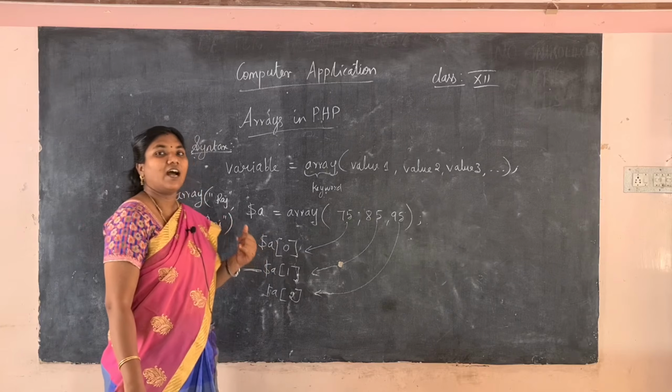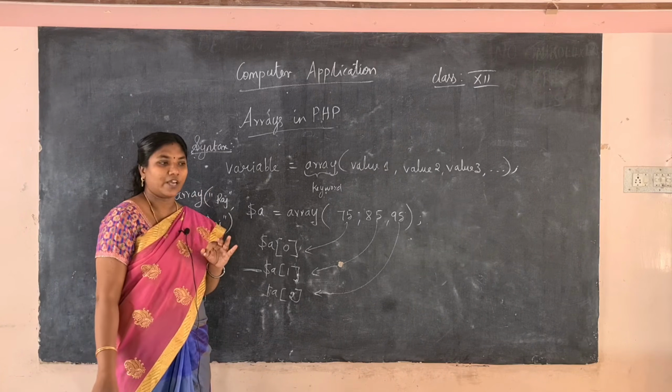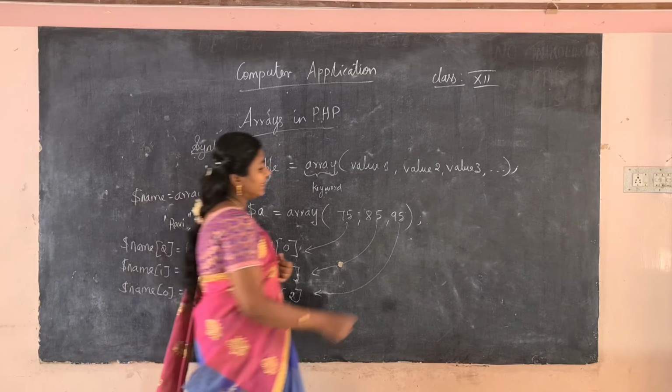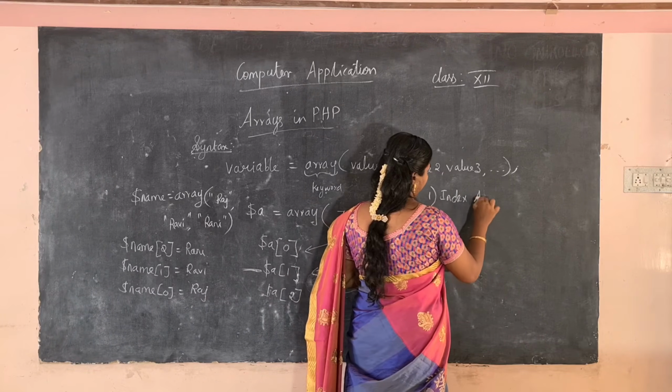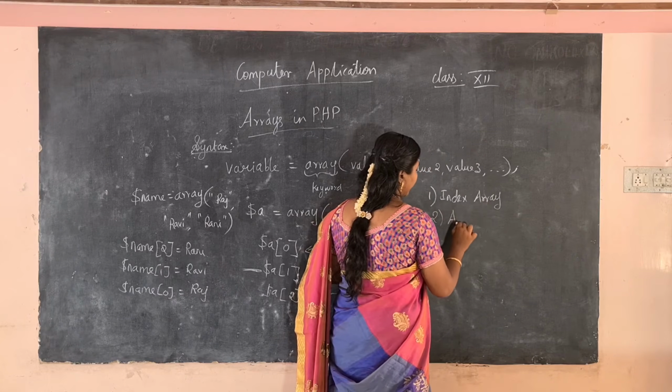Okay, so this is the array concept, and in PHP there are 3 types of arrays. What are the 3 types of array? First one, index array. Second one, associative array.